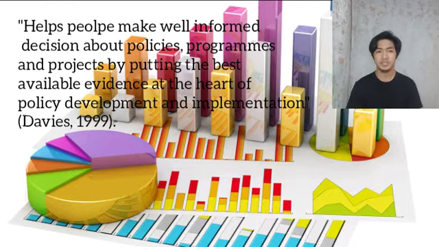For instance, making accurate inference from arranged data. Evidence-based policy has been defined as an approach which helps people make well-informed decisions about policies, programs, and projects by putting the best available evidence at the heart of policy development and implementation, by Davis, 1999.